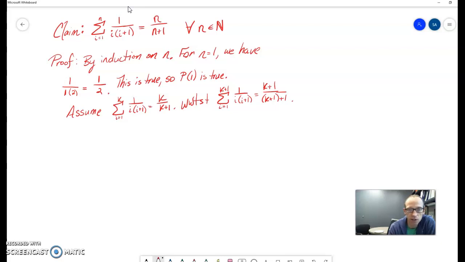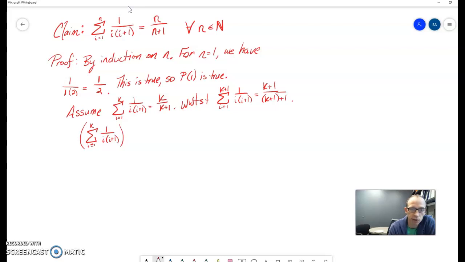That would also work. Let's start with this. So since this is true, we know that we could take all of these on the left side. Let's try to make it look like the left side on our finish line here.